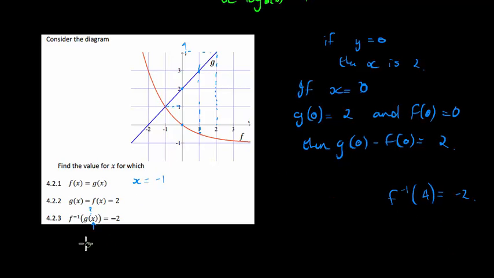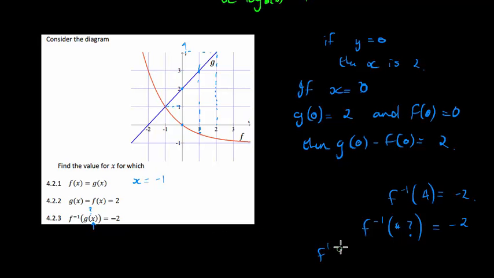Do you understand? So my question is, I want to put a value into the inverse and get -2. So let's forget about g of x now.